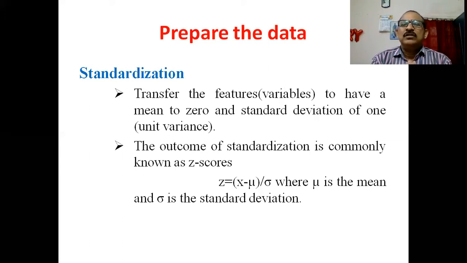The standardization process transforms values of a feature to one with mean 0 and standard deviation 1. The outcome of this standardization process is commonly known as Z-score, and Z-score is computed as follows: x minus mu upon sigma, where x is the value of the feature, mu is the mean and sigma is the standard deviation.